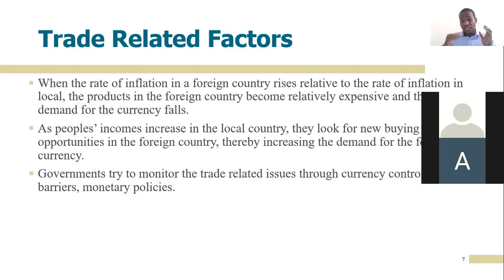Imports mean you have purchased outside of the country, which increases the demand for the foreign currency, not the Jamaican dollar. So they put tariffs on certain things, put a tax on it, to make people not want to import as much, make them look for local means, and increase the demand for the local currency rather than the foreign currency.